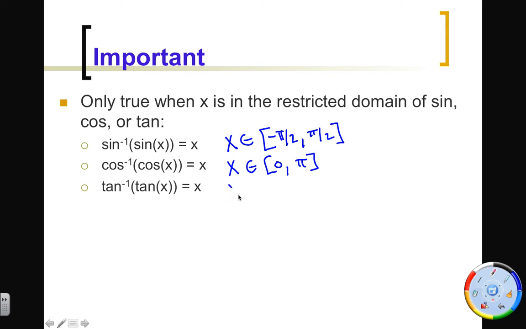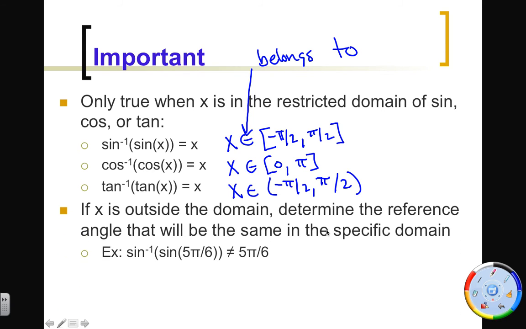And for this one here, x has to belong to the interval from negative pi halves to pi halves, open parentheses. Most of you will probably not be familiar with this symbol. This means belongs to. It just means that x is in this interval. All right? It's the only time that this works, but here's a problem.